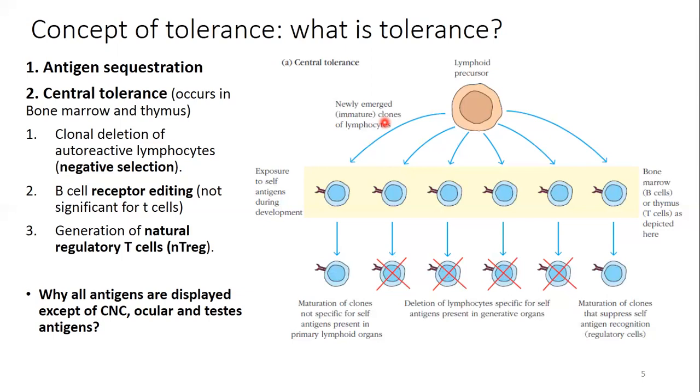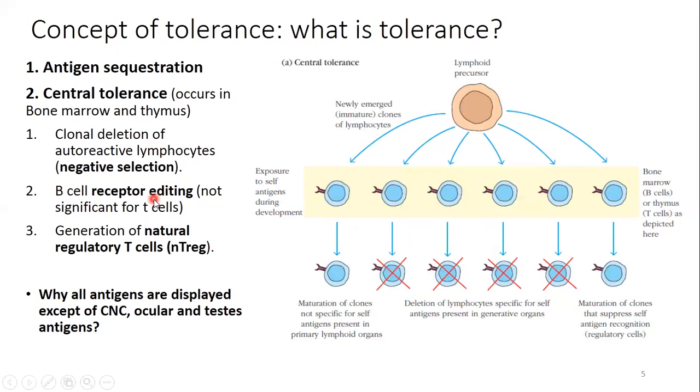So during their development, they should be tested to see if they react with self-antigens with high affinity. If so, they should undergo apoptosis there. As we see here, it's true for both T and B cells.